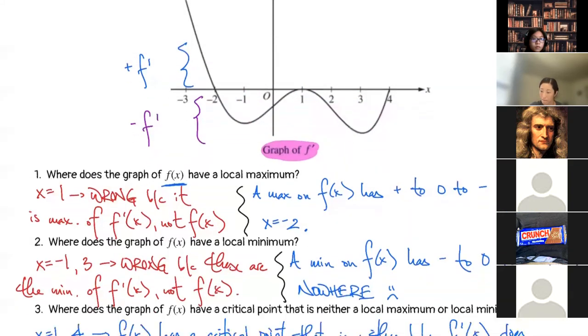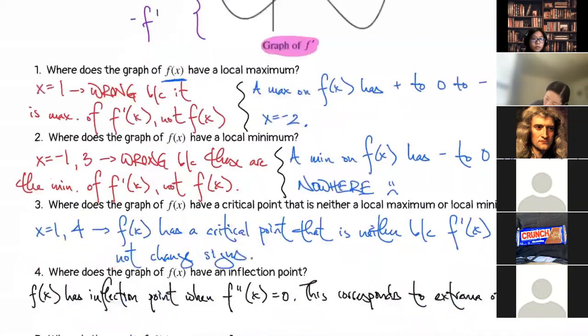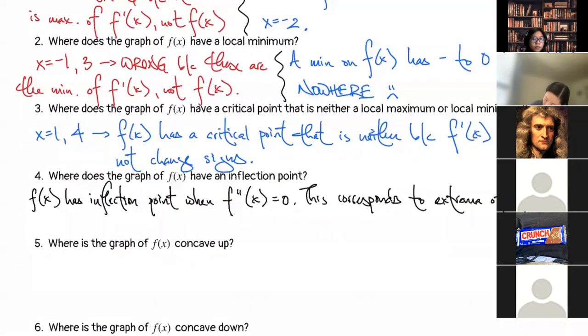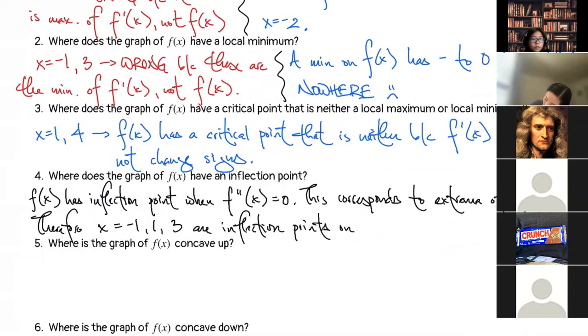Okay, so we can say that therefore x equals -1, 1, and 3 are inflection points on f of x. Okay.